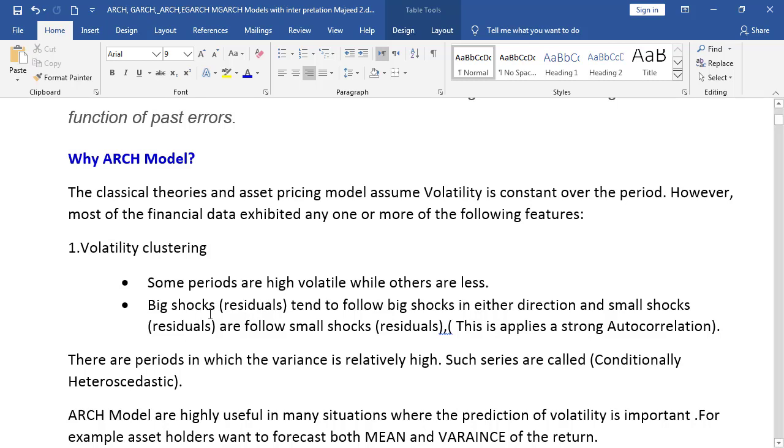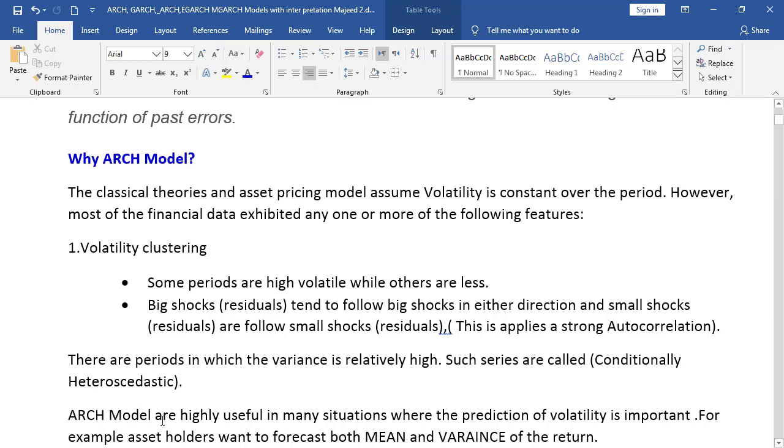Big shocks or residuals tend to follow big shocks in either direction, and small shocks follow small shocks. This implies a strong autocorrelation. There are periods in which the variance is relatively high. Such series are called conditional heteroscedastic.